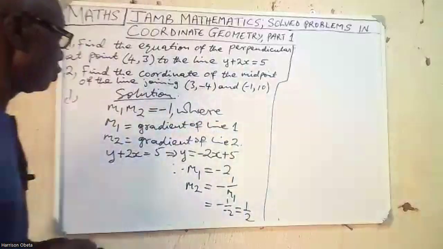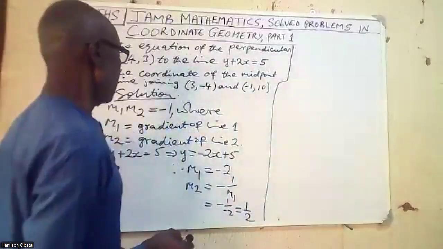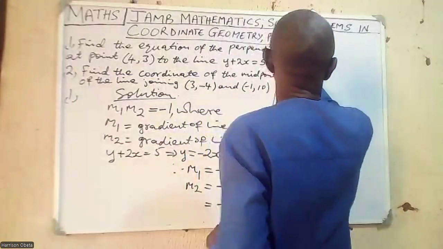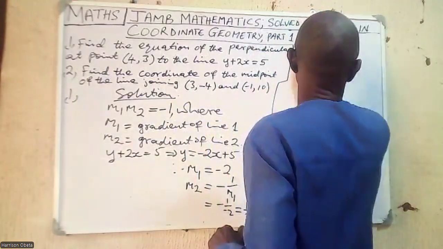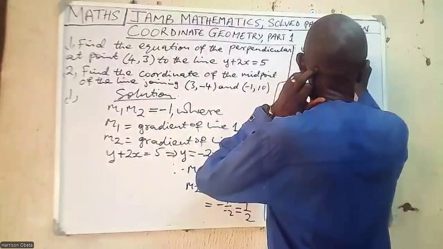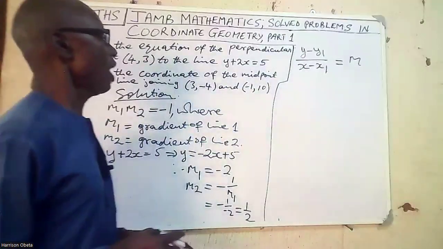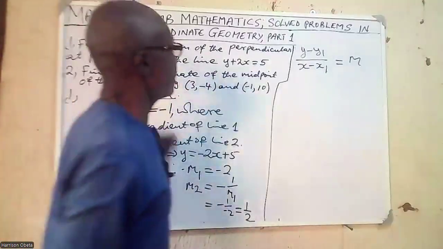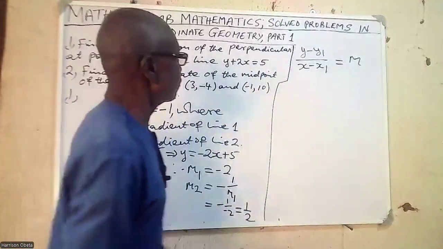So, continuing, that means that we have found our M2, and then we now apply our formula, which says that y minus y1 all over x minus x1 is equal to m. In this case, our x1, y1 is 4,3, and our m now is half.